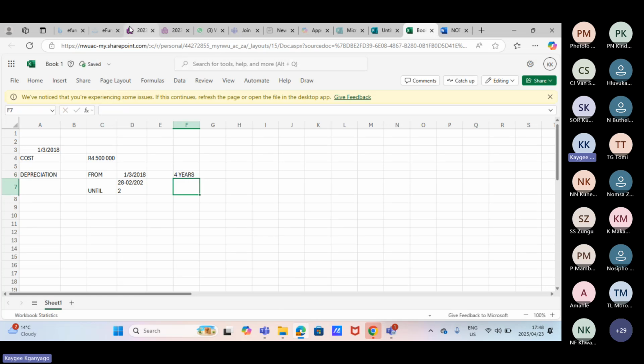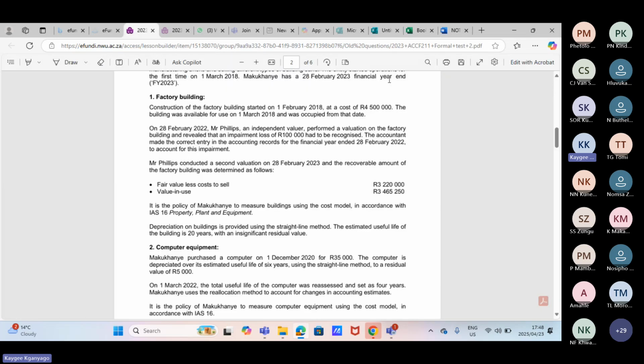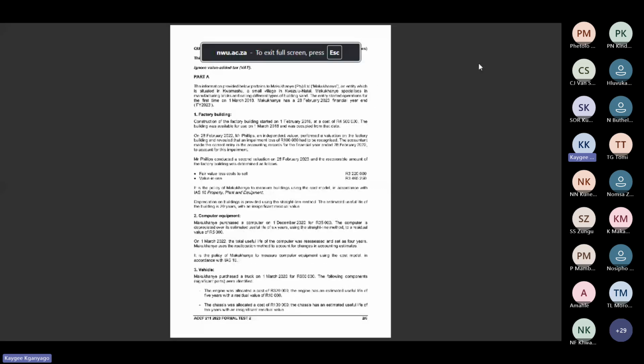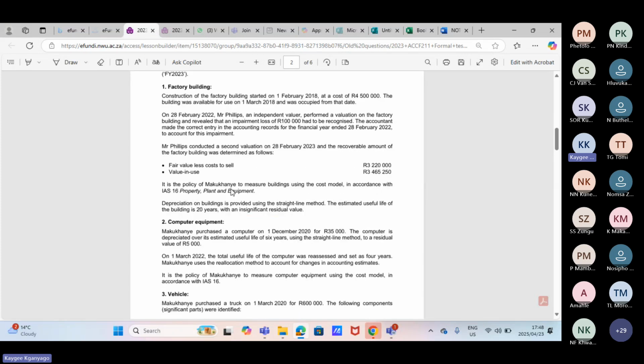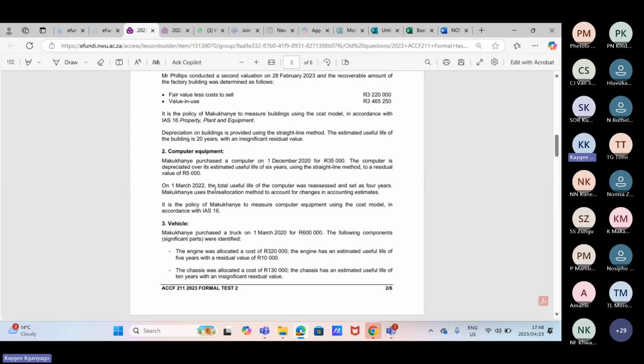Let's see which method is used here. They're using the straight line method, ne? Useful life of 20 years.